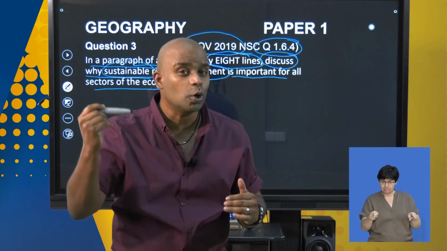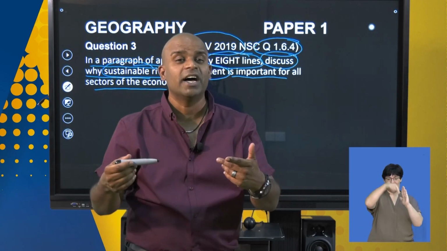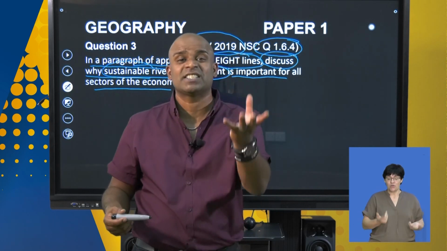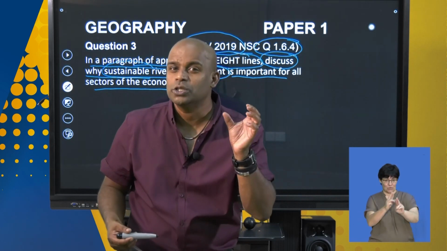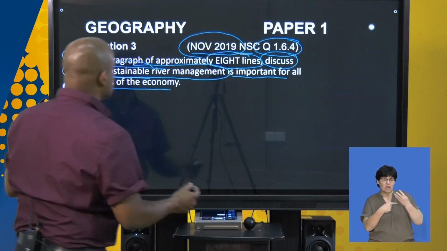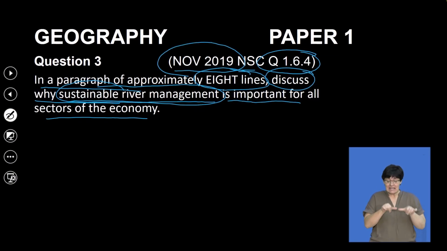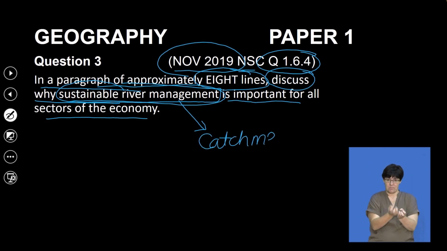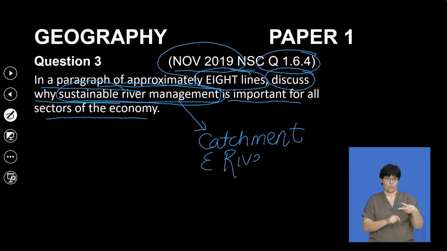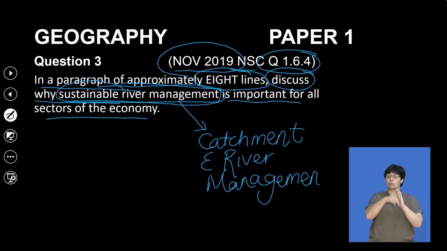You would have had to know the content in order to respond in a discussion type of response. What are the requirements? In this question, sustainable river management comes from, correct, catchment and river management.